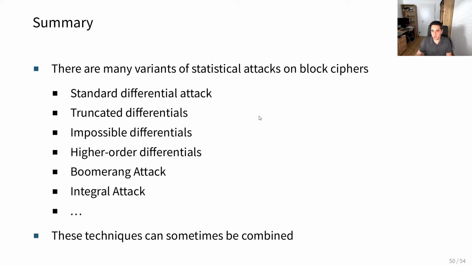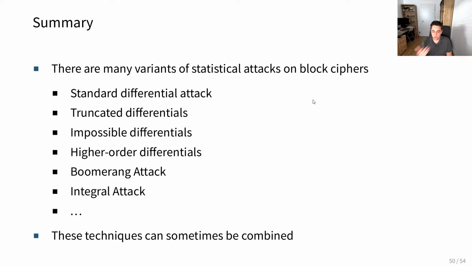And what is also important maybe is that these techniques can also sometimes be combined in order to achieve a more efficient attack. And also important, I've only talked about block ciphers today, so about keyed constructions. These attacks cannot only be applied to block ciphers, but also to unkeyed constructions.